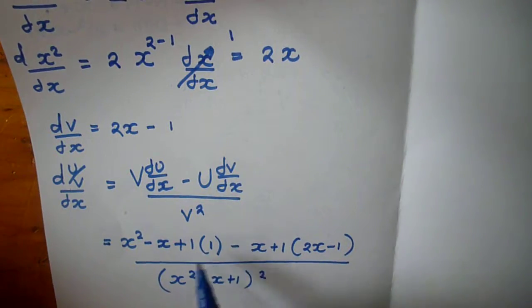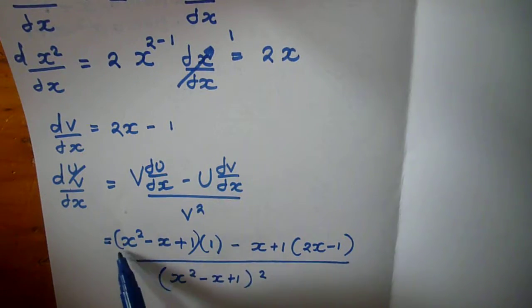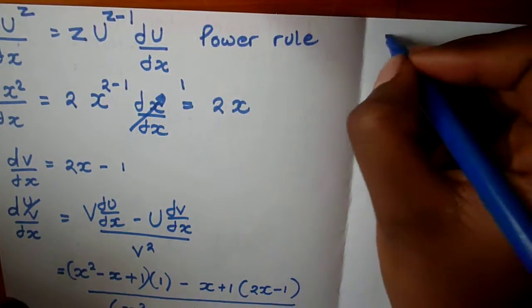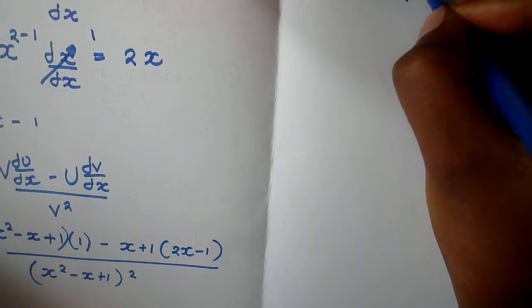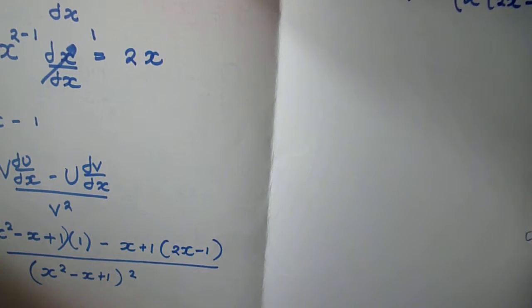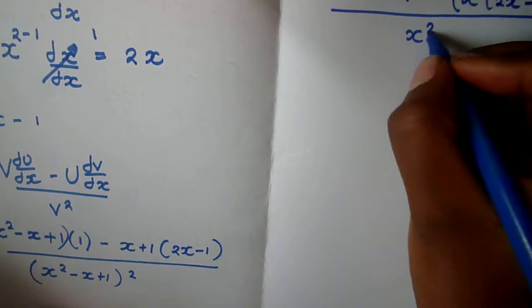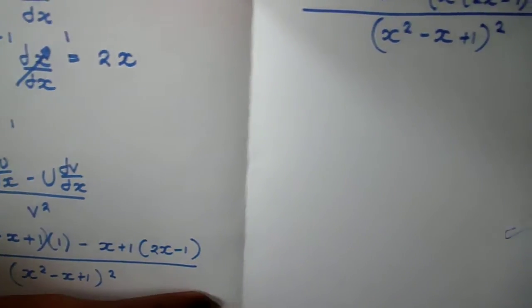So from this point, when we multiply 1 through the whole of this other part, it will just remain the same. And on this other point, let's just expand it. So the first part was like that, it doesn't change. Then minus x into 2x minus 1 plus 1 into 2x minus 1 all over x squared minus x plus 1, all that squared.